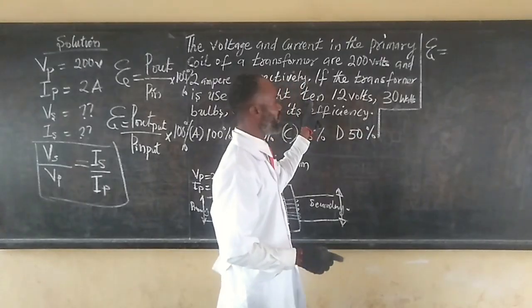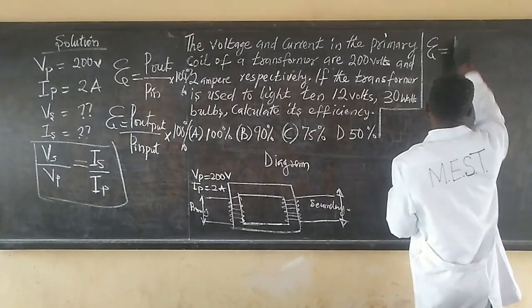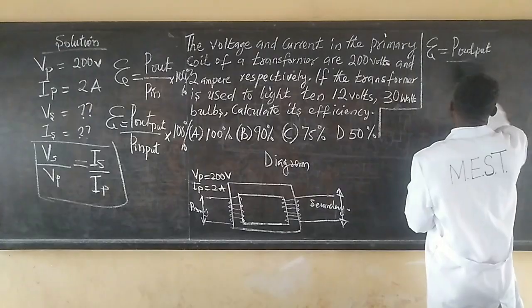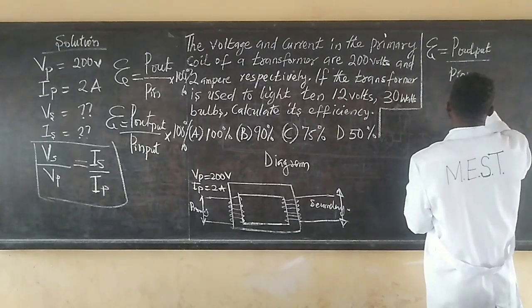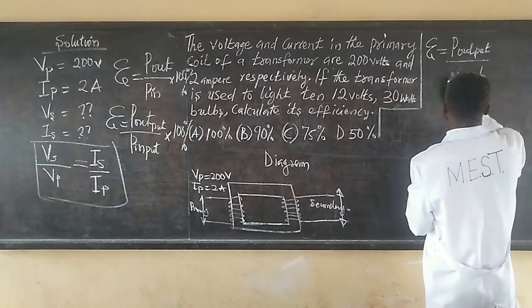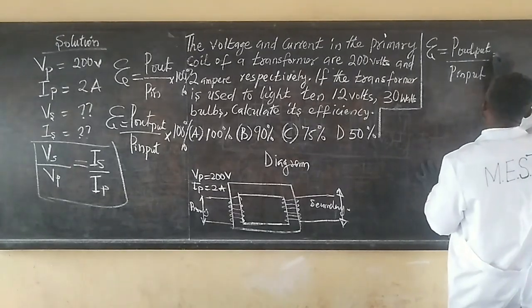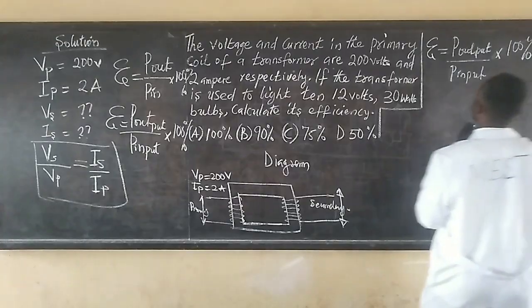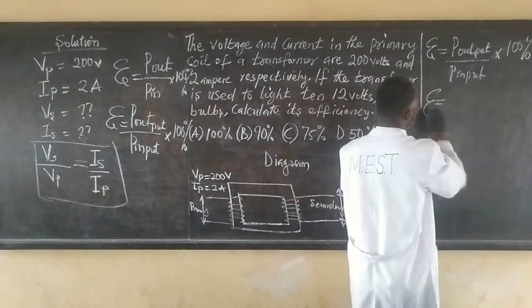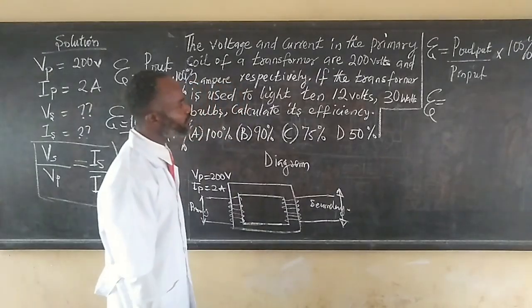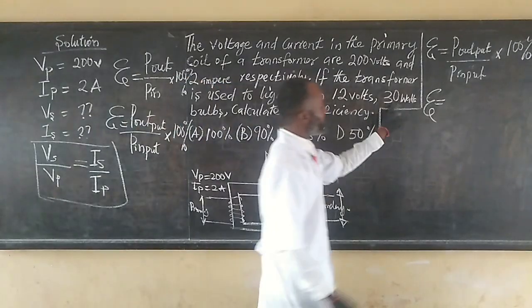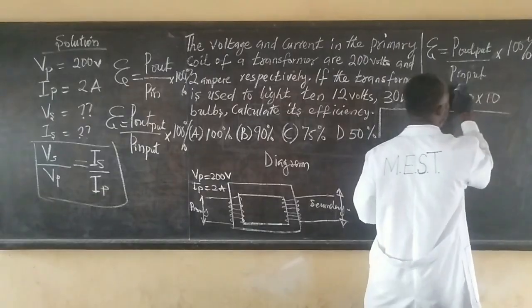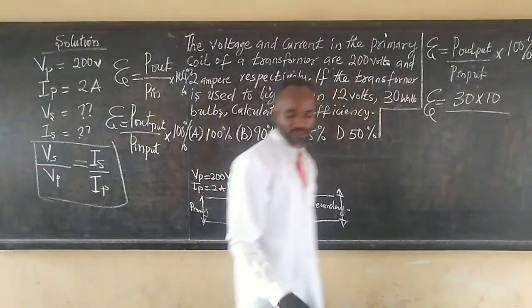So we have power output over power input, times 100%. So we substitute. Power output is this 30 times 10, all over power input.